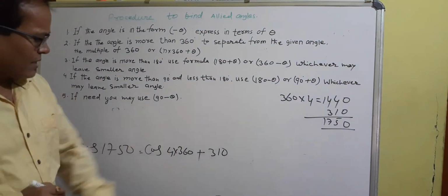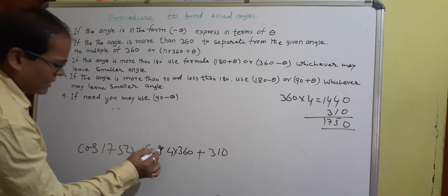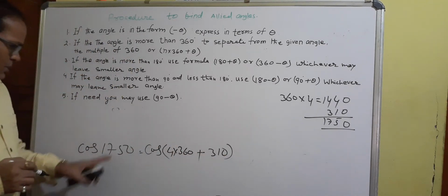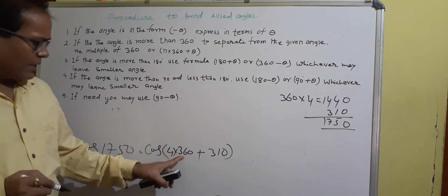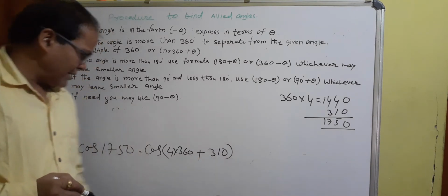So 1750 can be written in this form: cos of 4 times 360 plus 310.